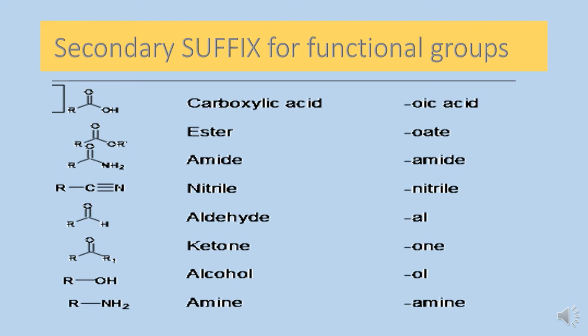For esters, the suffix is oate. For amides, the suffix is amide. If a cyanide or nitrile functional group is present, the suffix used is nitrile. For aldehyde, the suffix is al. For ketone, the suffix is one. For alcohol, the suffix is ol. And for amines, the suffix is amine.